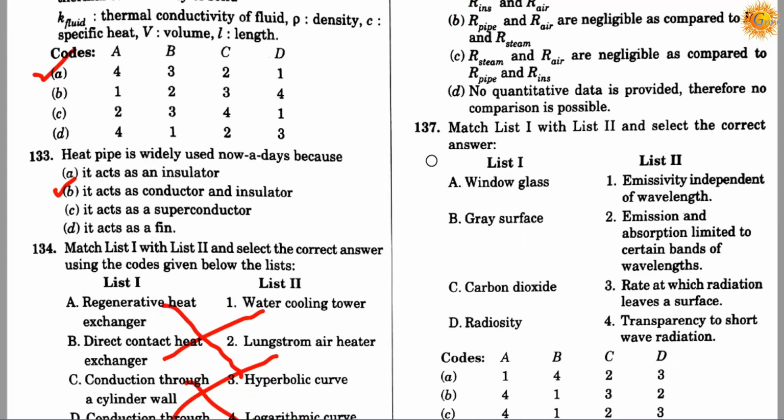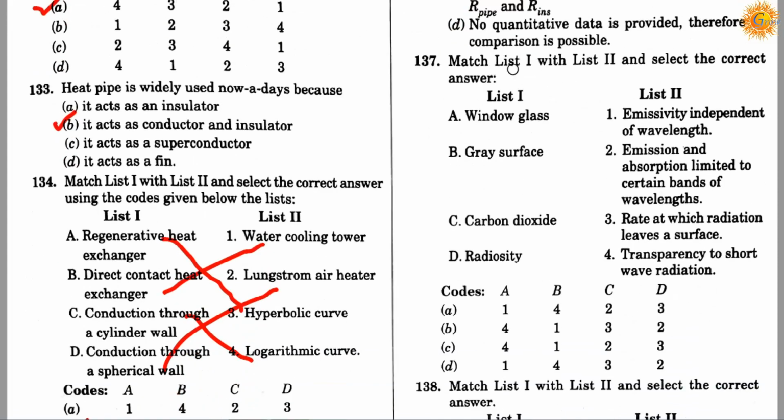Question number 137. Match list first and second and select the correct answer. In list first, there are window glass, gray surface, carbon dioxide and radiosity.